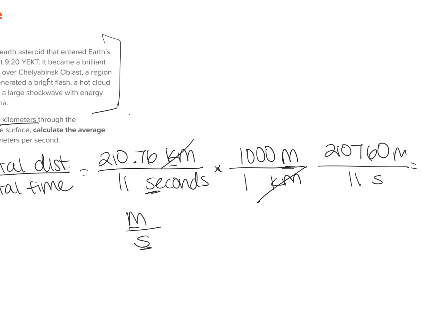And my total meters per second is 19,160. For your formative today, all of these are going to be going to the hundredths place. So they would all have this extra time plus units would be meters per second. Okay? And that's how you do it.